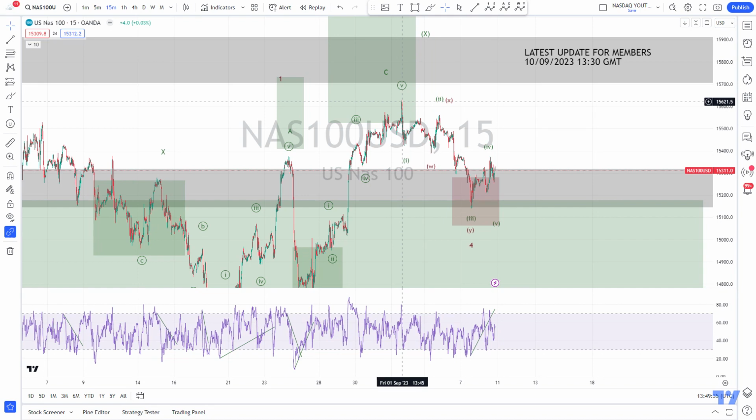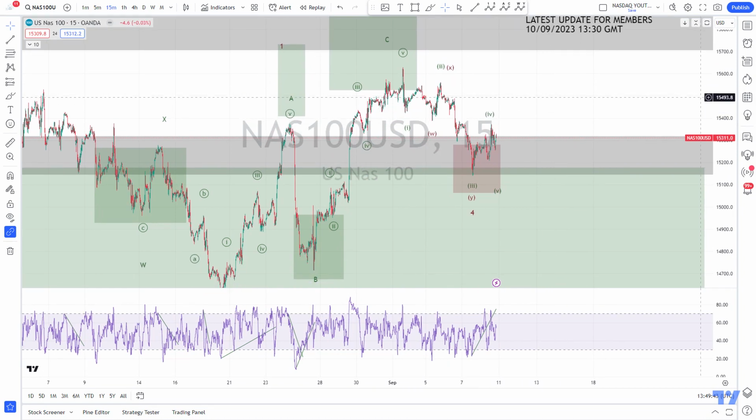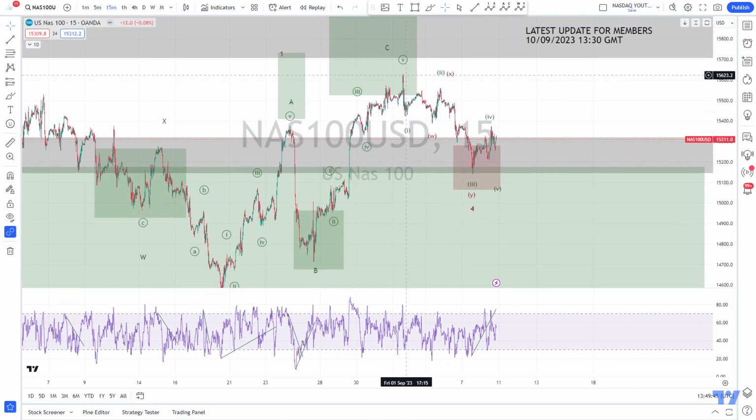I think in the Dow Jones and in the FTSE we will take it out. But main expectation is that here in the NASDAQ this high is holding, and the WXY scenario is playing out.